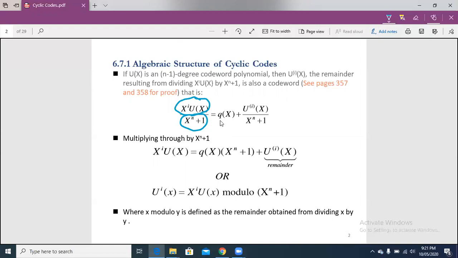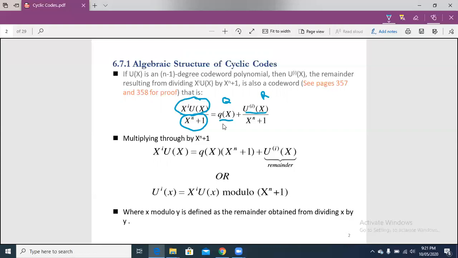So we will get the quotient and the remainder. The remainder is the code word here.